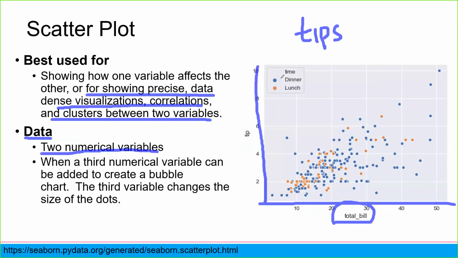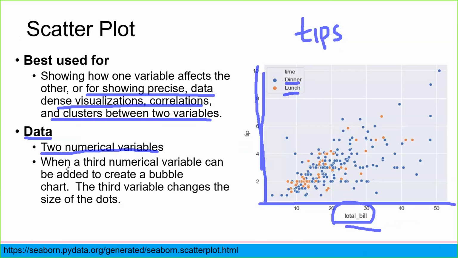And they can also distinguish whether the tip is given at dinner time or at lunch time. So the tip is numerical, the amount of money that you give, and the total bill is also numerical, the amount of bill that you need to pay to the restaurant.